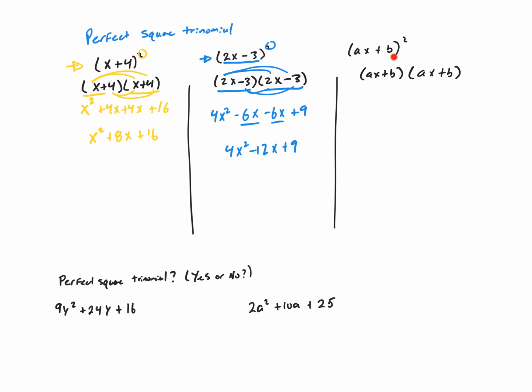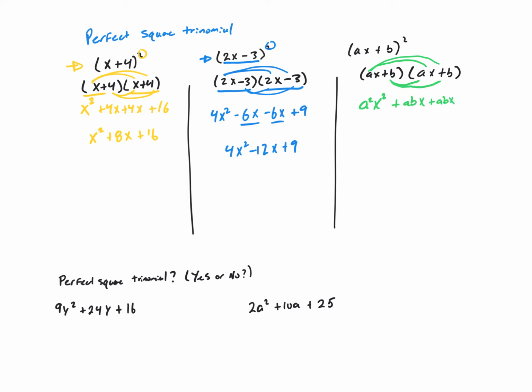If I had ax plus b squared, what would that come out to be? So ax times ax would be a squared x squared. ax times b would be abx. b times ax would be another abx.